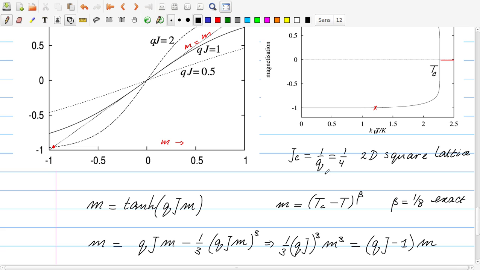And you should compare that with the value of 0.44, which is the exact result following from Onsager's solution.